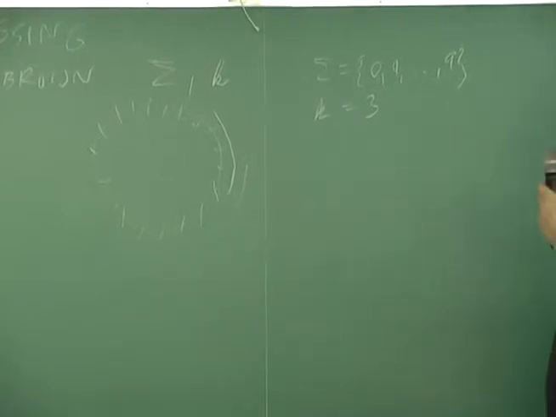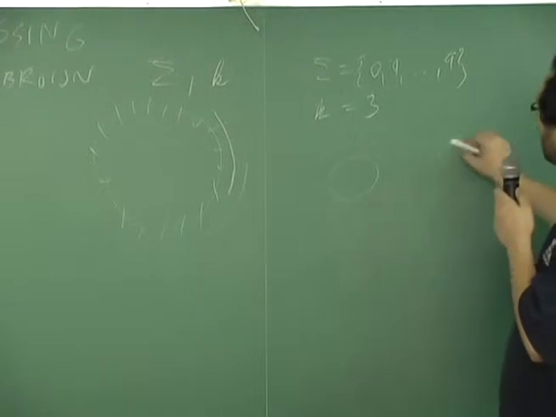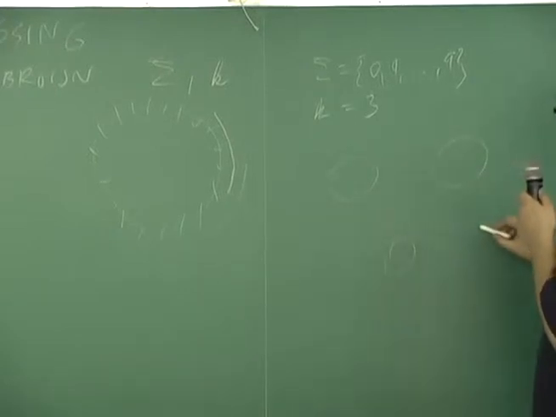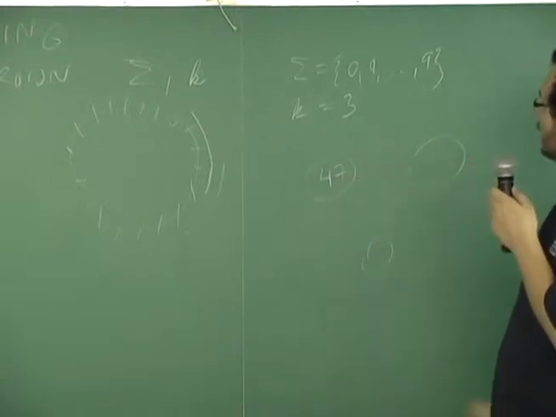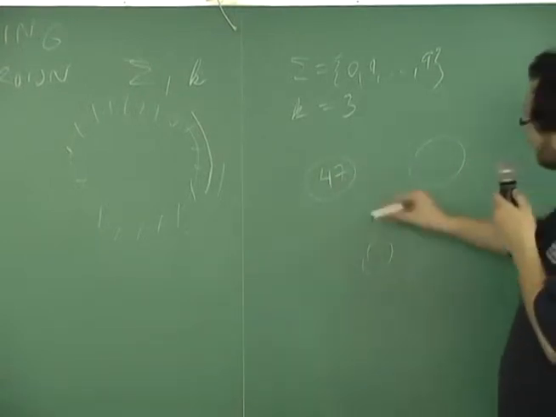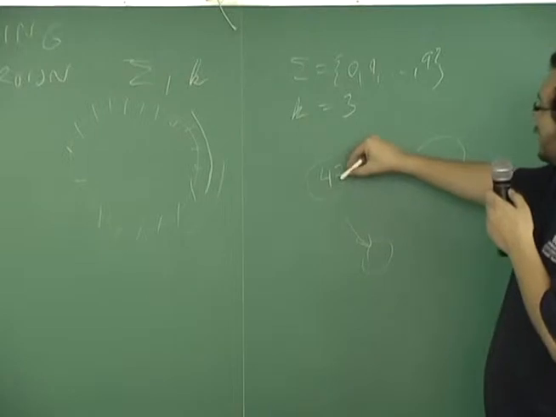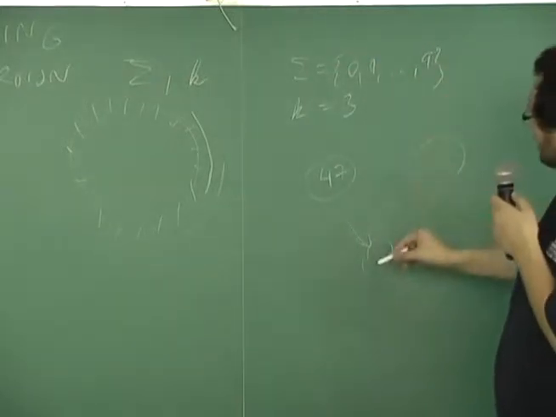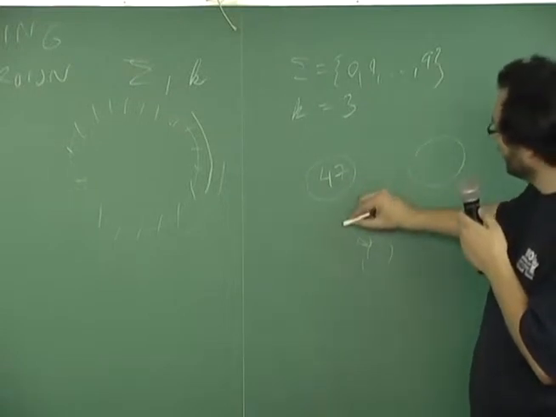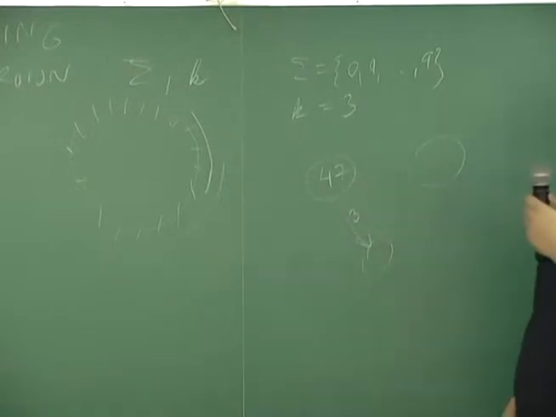What we can do, we can build a directed graph where each vertex will be a pair of numbers, for example, 4 and 7. And from each vertex there will be as many outgoing edges as we have digits. So in this case 10 edges, each of them labeled with a digit.